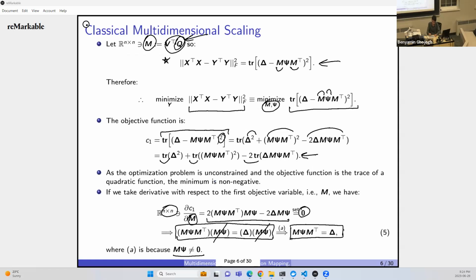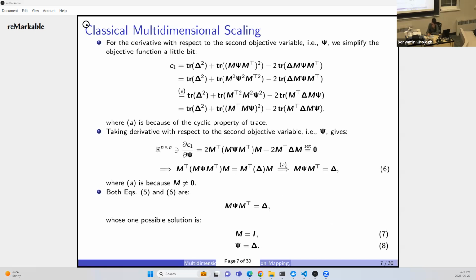Therefore, now for the second derivative. The derivative of the cost with respect to M, set to 0, gave me this, equation 5. Now I want to take the derivative with respect to psi. Let's simplify it a bit. This was the cost. Now I have this squared, so I can apply it on the elements. So M squared, psi squared, M transpose squared.